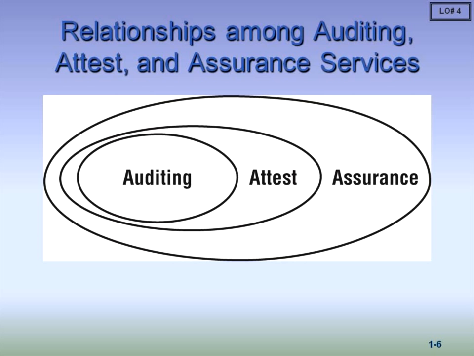So that's the attest service. Assurance services, we help the clients to improve the quality of the information that they put out. So we would go in and evaluate how they actually put their financials together, what they include in non-taxable and before taxes income, what is included in their net income, what they actually booked as expenses, and so forth.